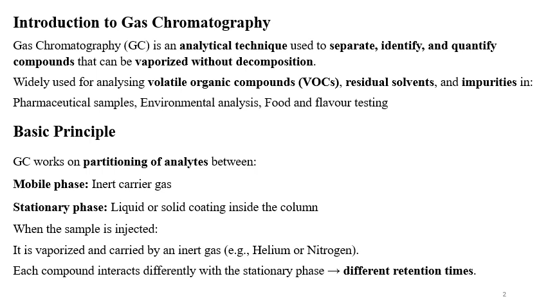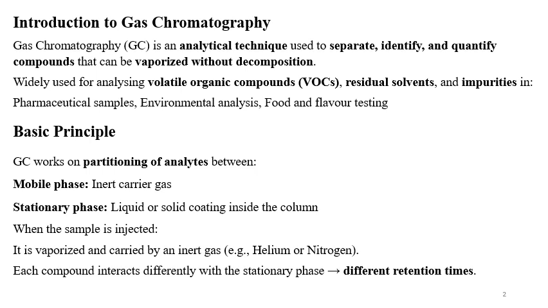As it is a chromatography technique, it works on the principle of partitioning. Depending on the affinity, the partitioning happens. GC uses inert gases as the mobile phase. The stationary phase is a liquid or solid coating inside the column.